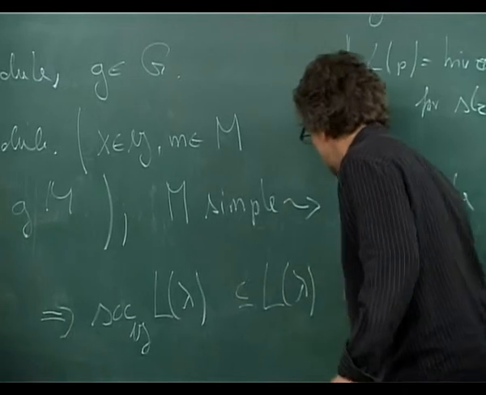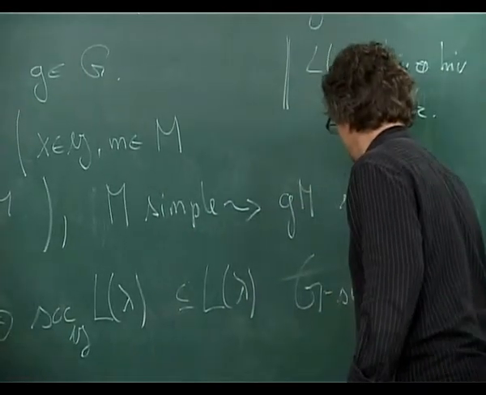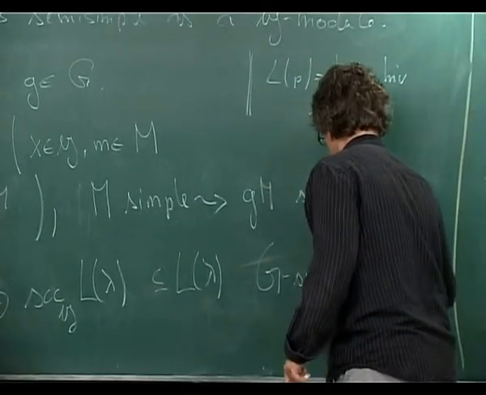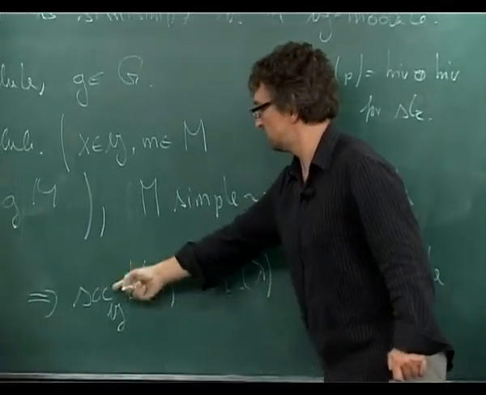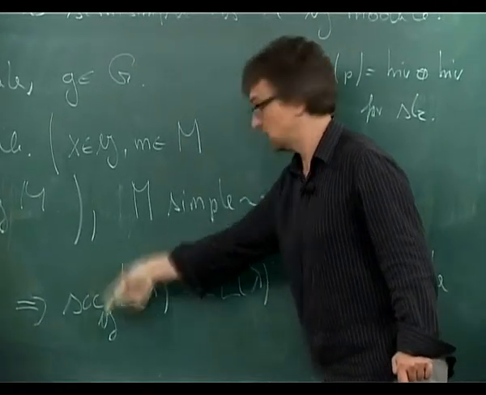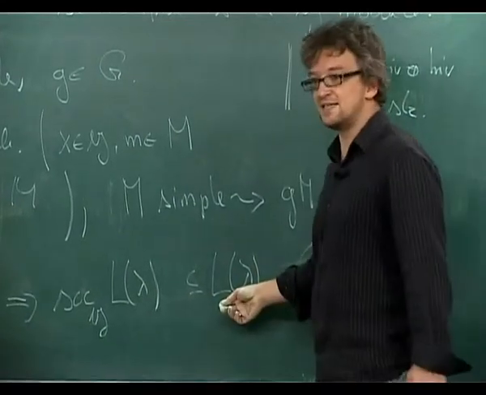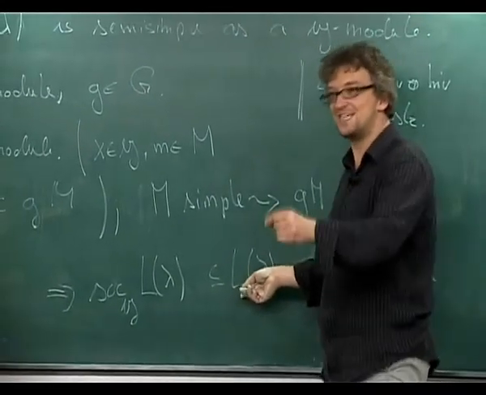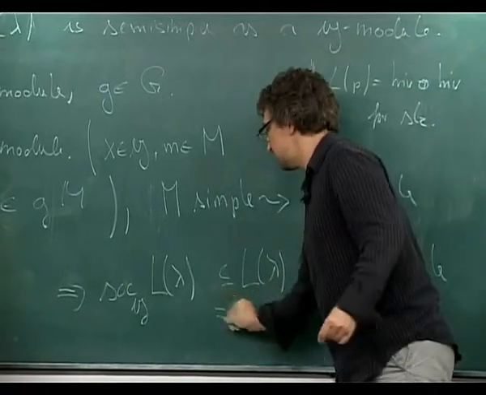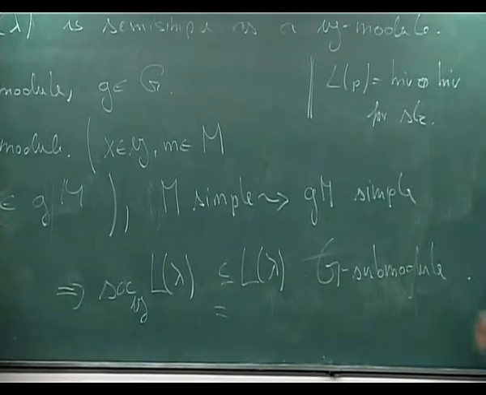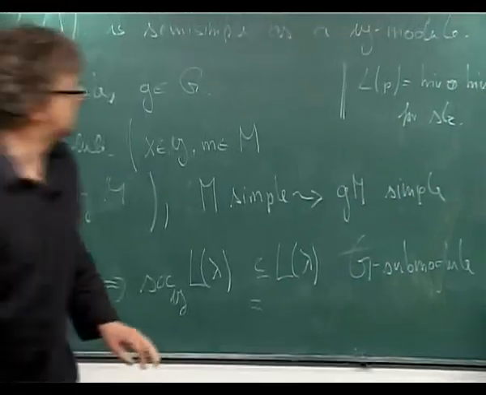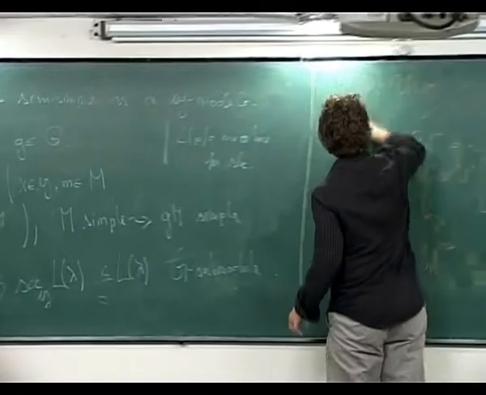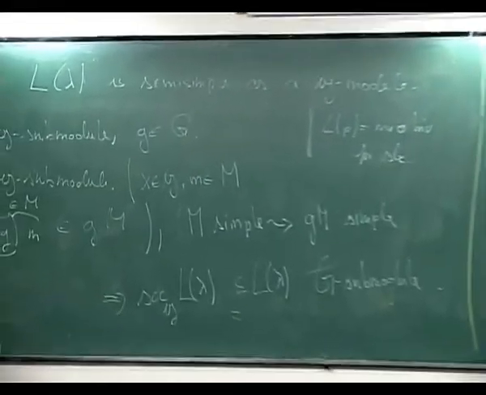It's a big G submodule, because applying g makes a simple submodule into a simple submodule. So as L lambda is a simple group G module, this must be the same. So L lambda is semi-simple. Okay, well, that's already something.